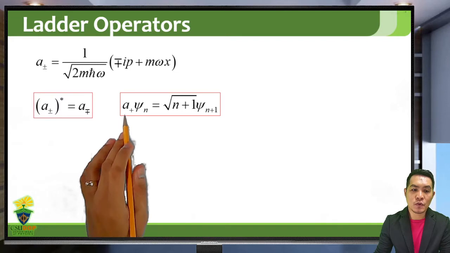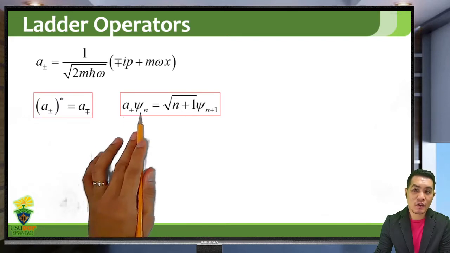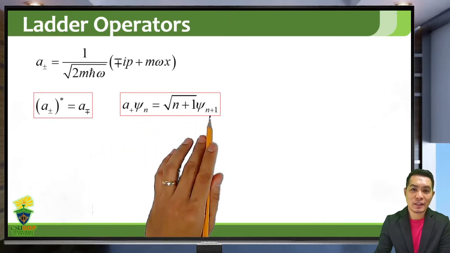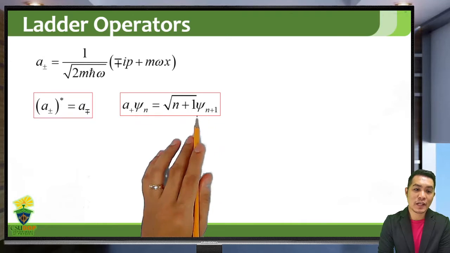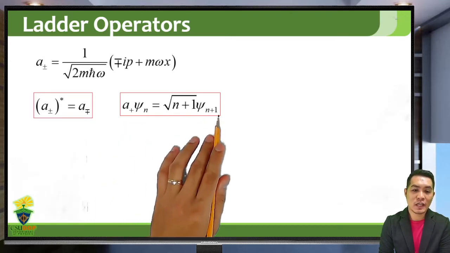If you operate the raising operator on a time-independent wave function, psi n, you will actually raise the state. That's why it's called a raising operator, because it raises the state, from psi n to psi n plus 1.